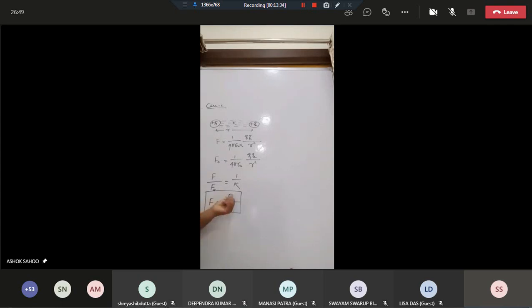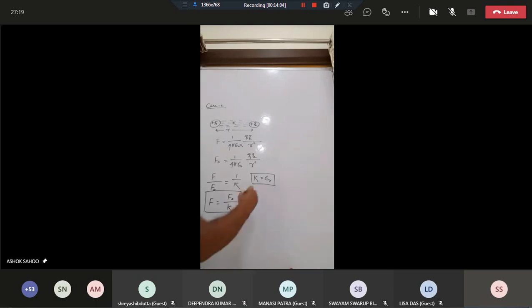It is reduced by a factor of 1 by K. So the electrostatic force of interaction decreases. Okay. But remember, the other name of dielectric constant is relative permittivity.